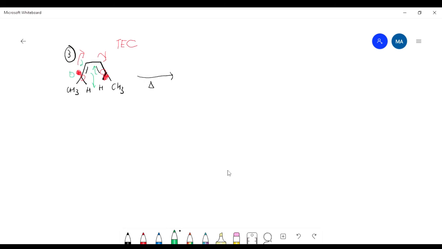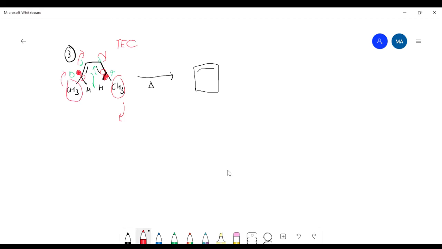And then it involves 1, 2, 3, 4 carbons. So the final product should be a cyclobutene. Okay, so if it is conrotatory, you see this methyl group will be brought down, but this methyl group will go up.